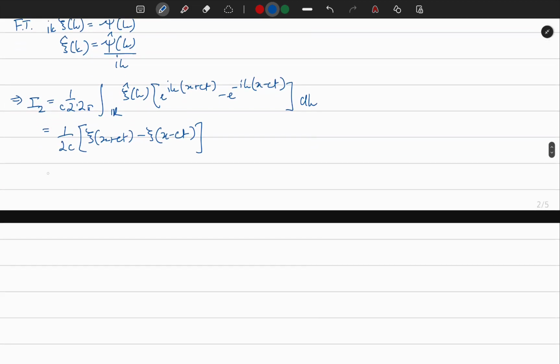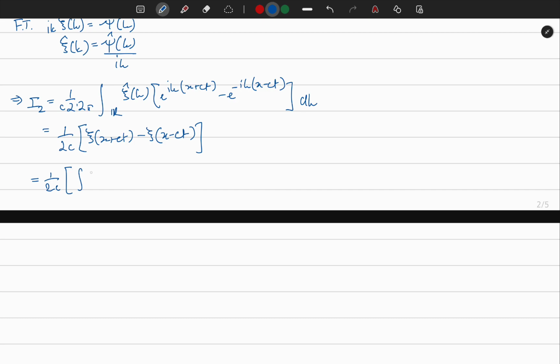But what is capital psi really? Psi is really just the integral of psi of s ds going from a to x. So we put our inputs in correctly.